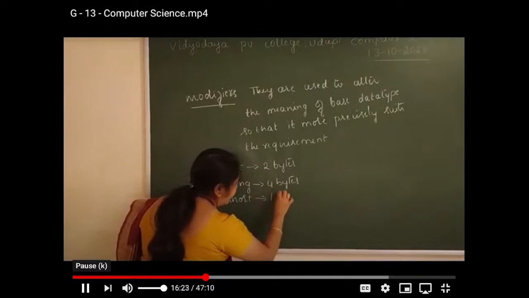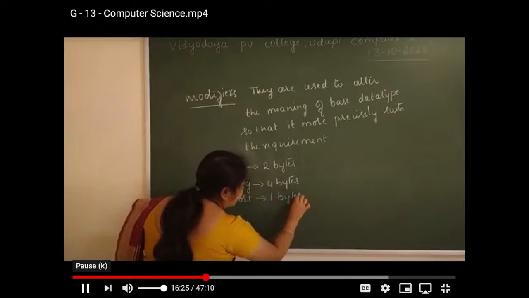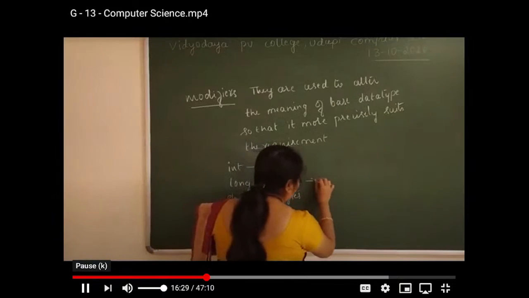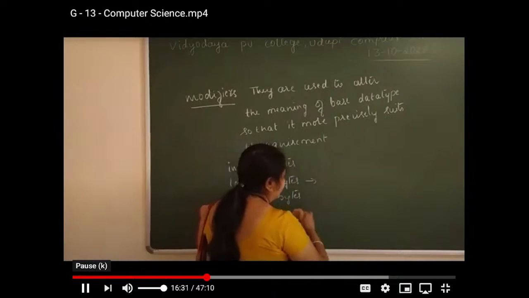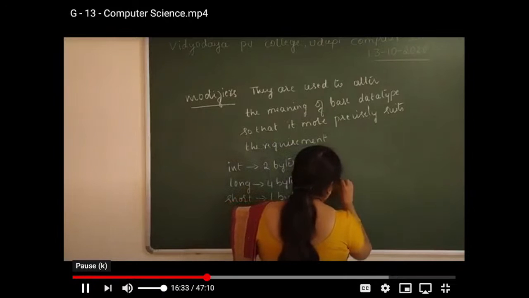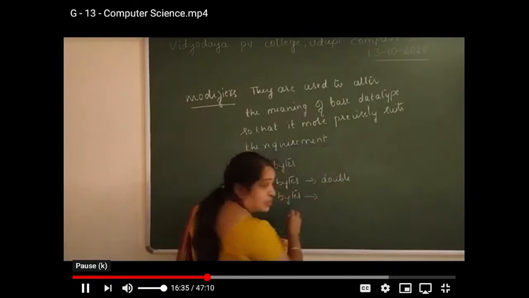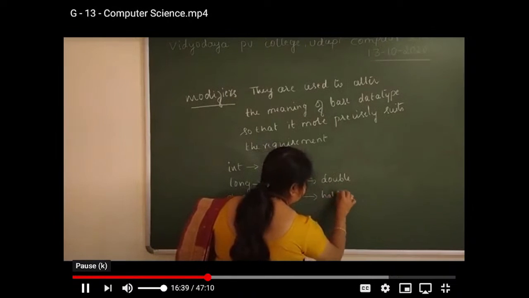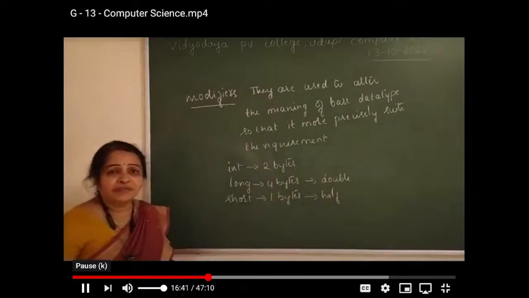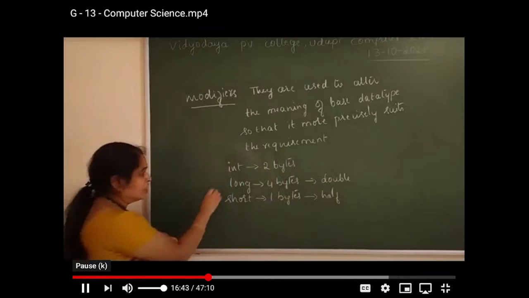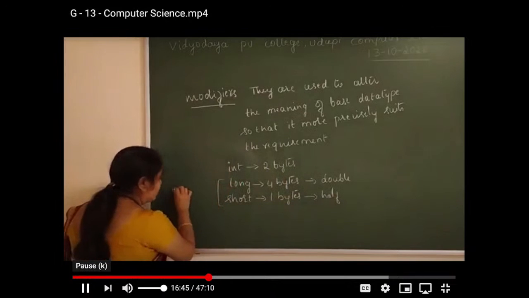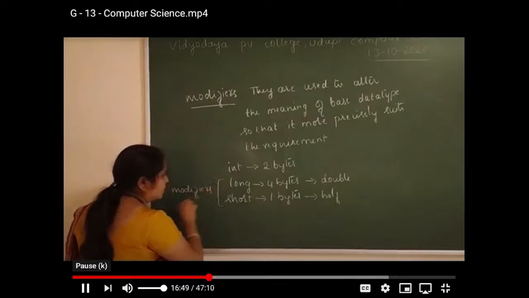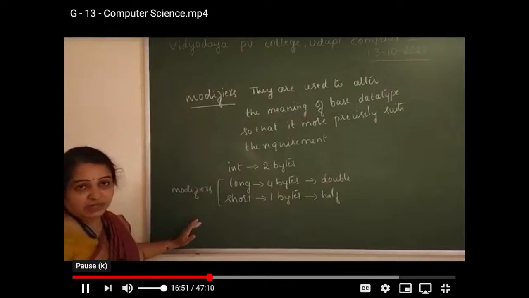Short will be half of the int. Long is double of the int. And short is half of the int. So these two are the modifiers.